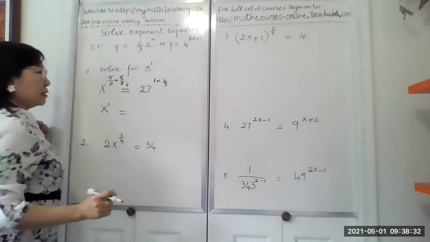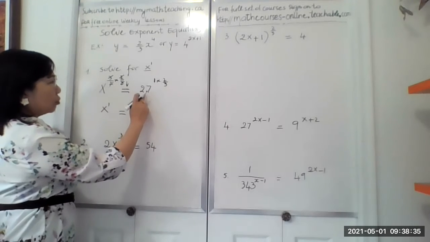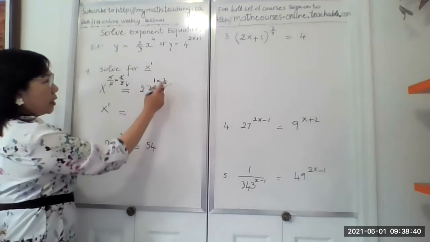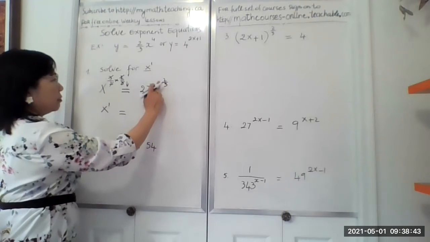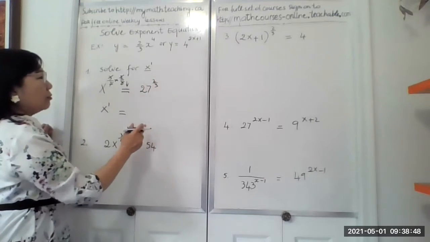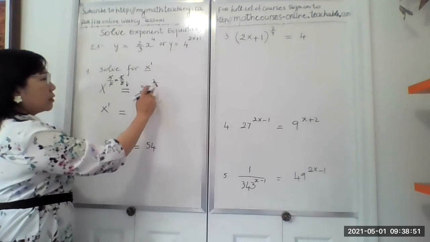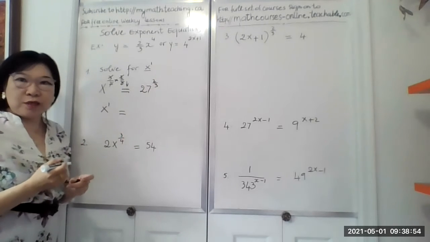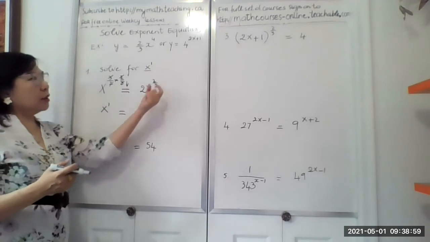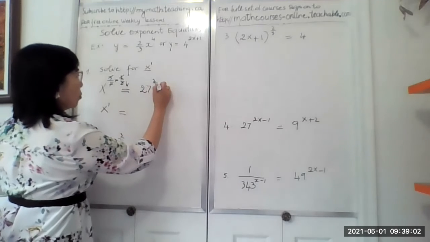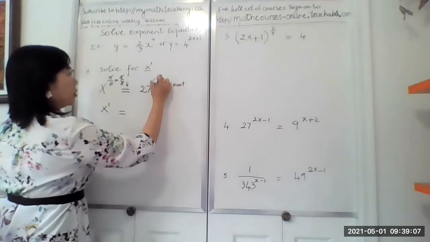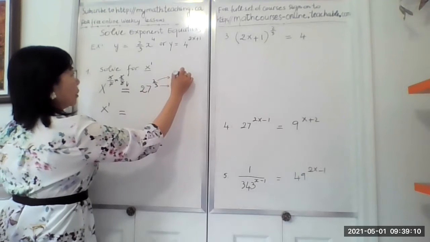But how about the right hand side? The right hand side is just 27 to the power 2 over 3, because 1 times anything is just the same. I'm just going to erase this and move it closer a little bit. Now if you learned the law of exponents already in Math 10, you know that a rational exponent you can twist into a radical. The bottom stands for the root and the top is the power.